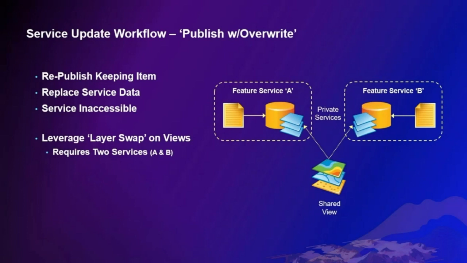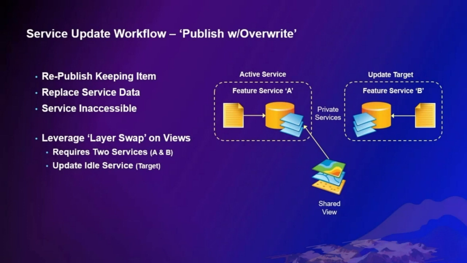We don't want to stop them from accessing it. So what we have is two identical services, both of them private. The view is public, and it accesses whatever the live or current service is. So you end up with an active service, and then we have an update or target service, an idle service that isn't being used at the moment.